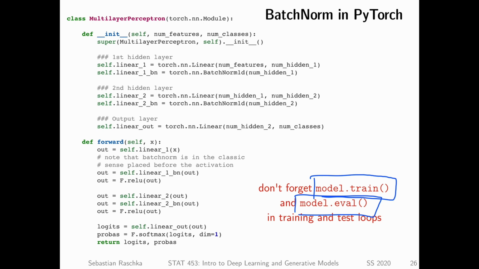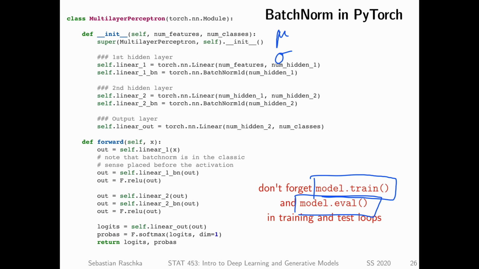The reason we need model.train and model.eval again is because batch norm behaves differently during training and during testing. During training, we get the mean and the sigma from the mini batch, right? So we compute this from the mini batch.